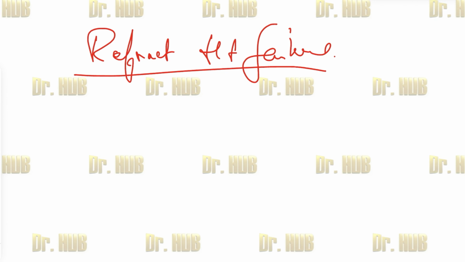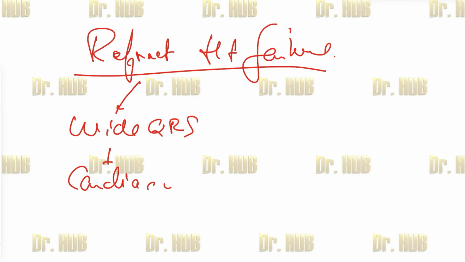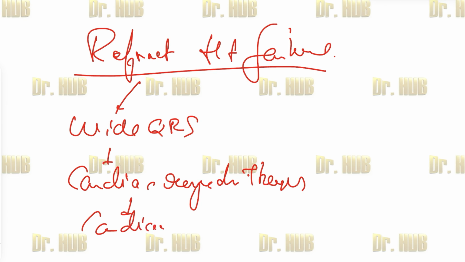In case of the wide QRS, you go for cardiac resynchronization therapy, and you can also go for the cardiac transplant. So this is in terms of the wide QRS.